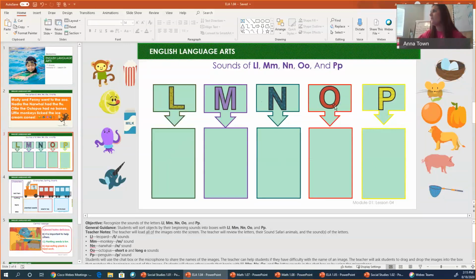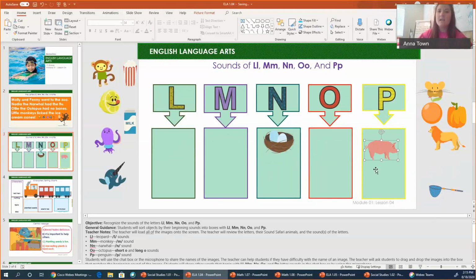Okay, we're going to start with this picture of a nest. Where should we put the nest? Good job. In the N category. Nest, N. Okay, what about this picture right here? The picture of a pig. In the P category. Pig, P.